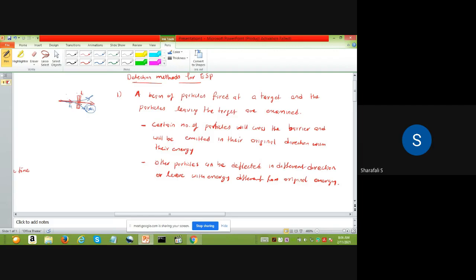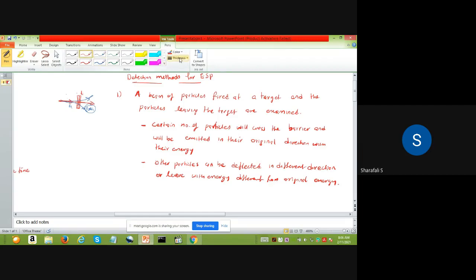So that is another set of particles. In the first set, nothing happened; the particles just pass through the target. In the second case, the particles are deflected from the target, and the energy is different after the deflection.